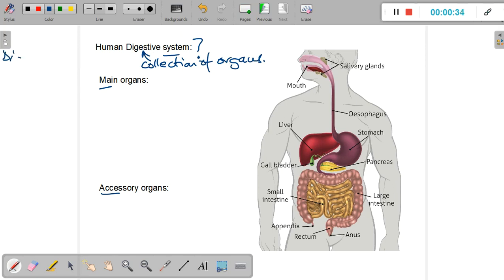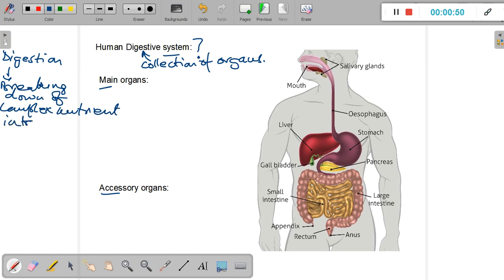Now, what is digestion? Digestion is the breaking down of complex nutrients into simpler nutrients. Let me give you an example. Glucose is a very simple nutrient, right?